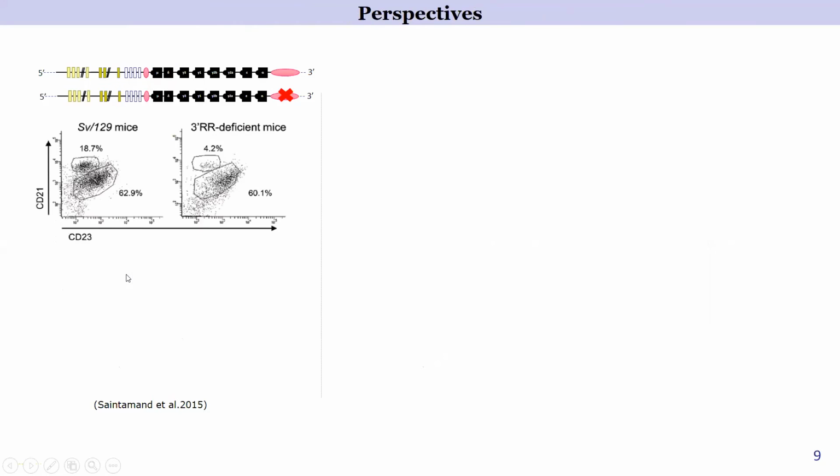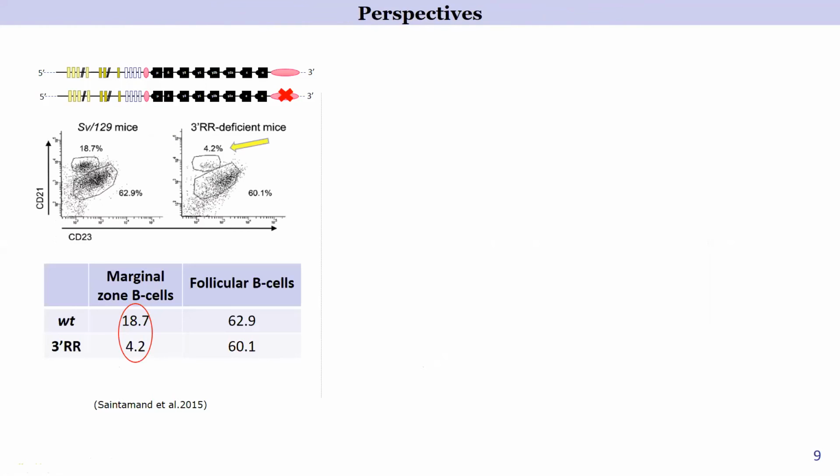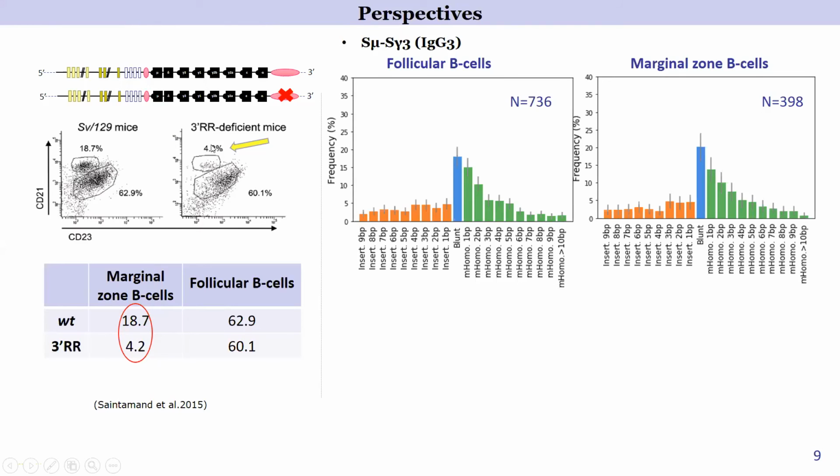Our perspectives are to explain this difference shown in the IgG1 junction profile. It was shown that the deletion of the 3' RR affects B cell fate, with fewer marginal zone B cells. So we wanted to check whether this difference can be explained by different junctional signatures depending on B cell subsets, marginal zone and follicular B cells.